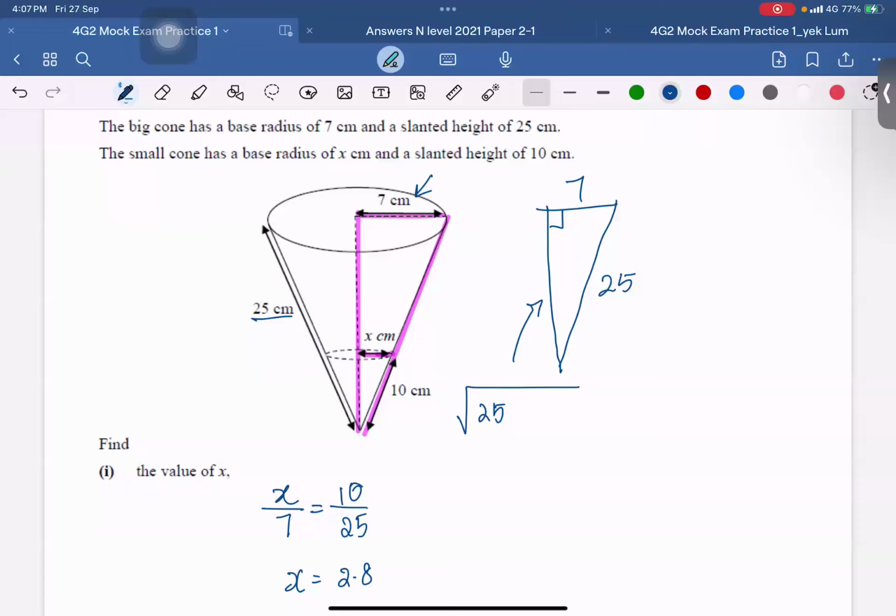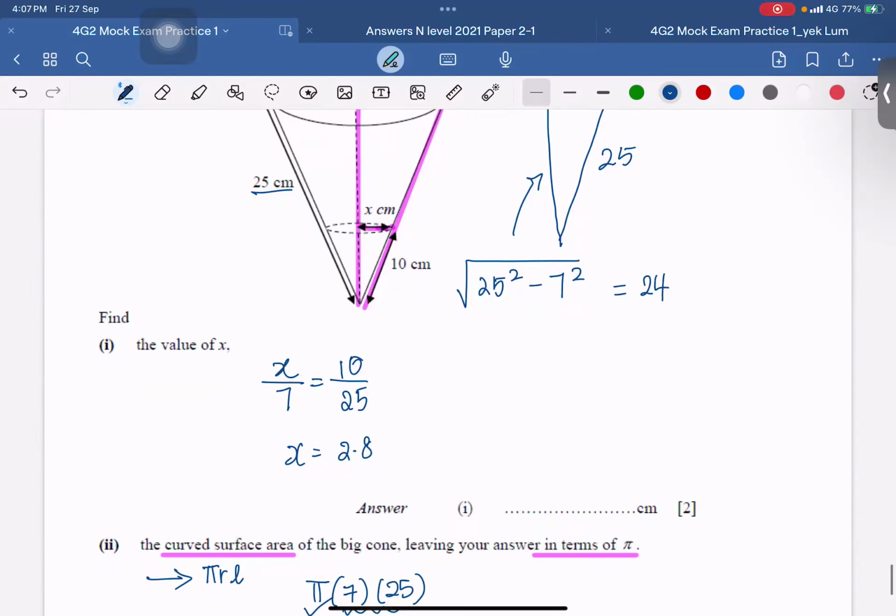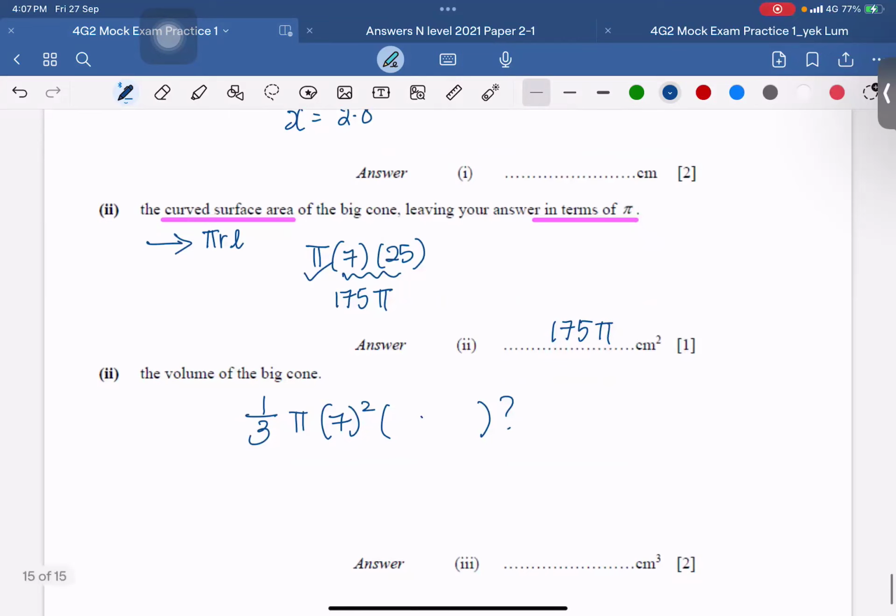So it'll be square root of 25 squared minus 7 squared. Can anyone help me calculate what is the square root of 25 squared minus 7 squared? Come on, we're ending this soon. 24. 24, exactly. Okay, thank you. So then I'll plug in my height is 24. So this one uses Pythagoras.